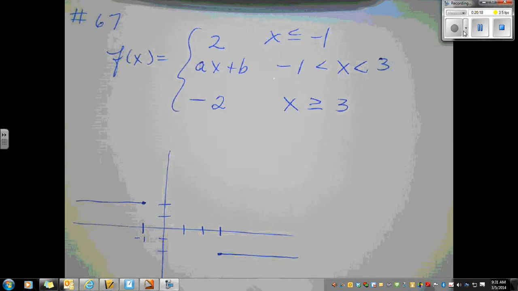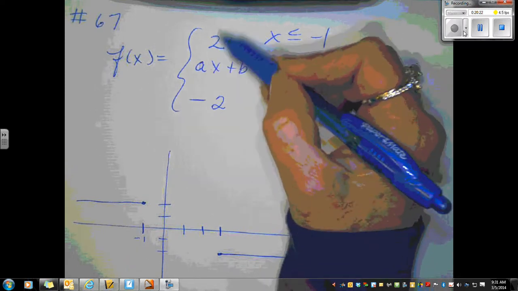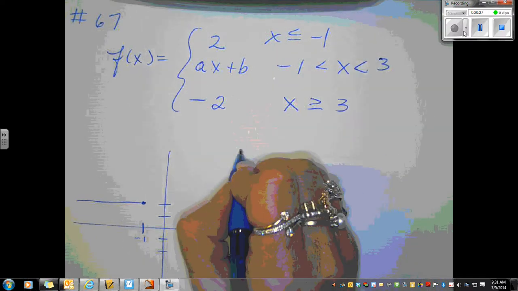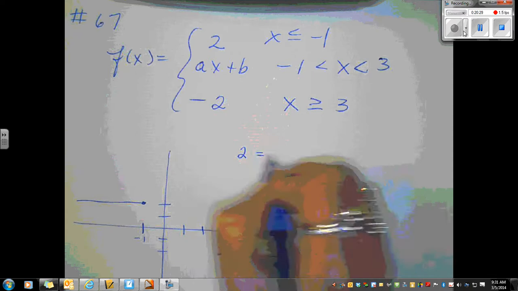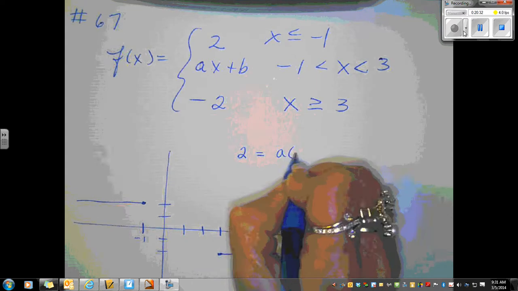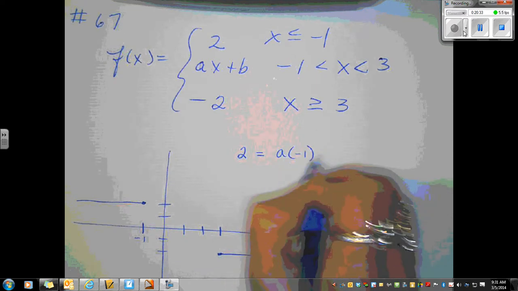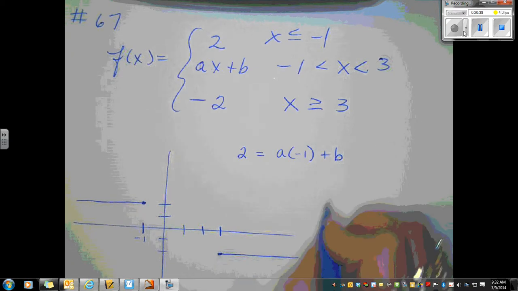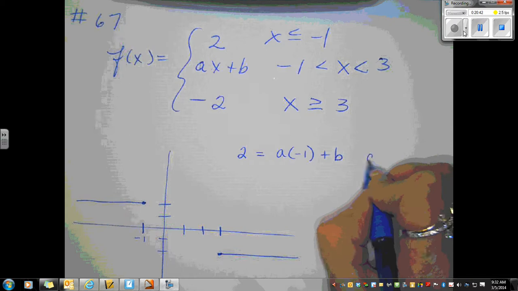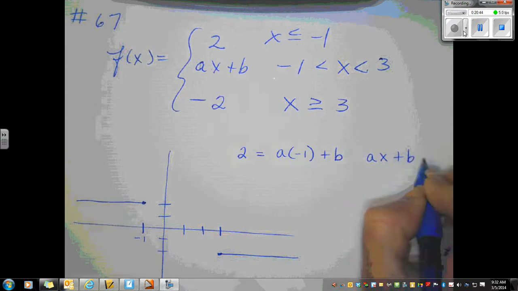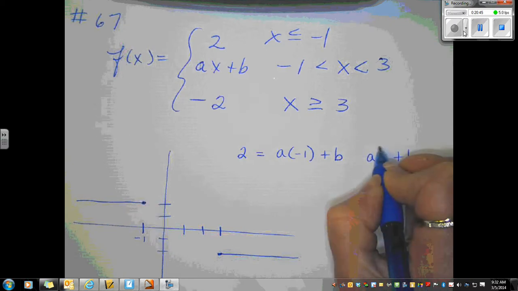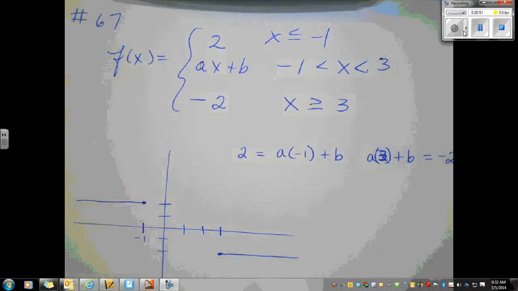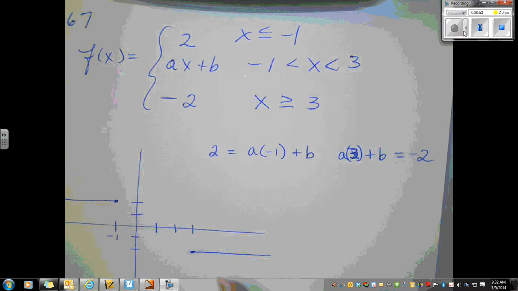Okay, so these two have to be equal to each other when x is negative 1. So I have 2 is equal to a times negative 1 plus b. But at the other end, I have what? I have ax plus b, where 3 is in there, has to be equal to negative 2, right?